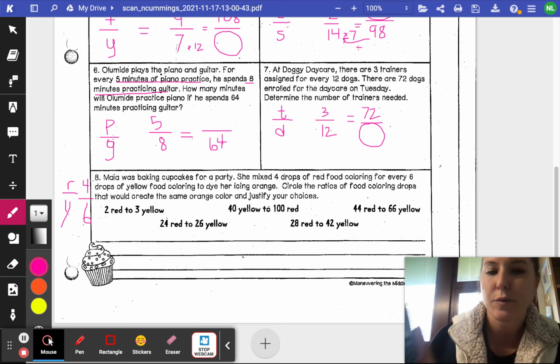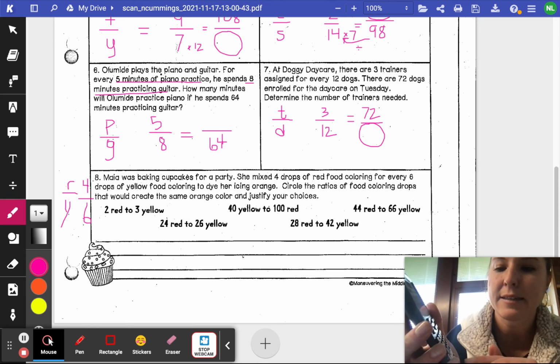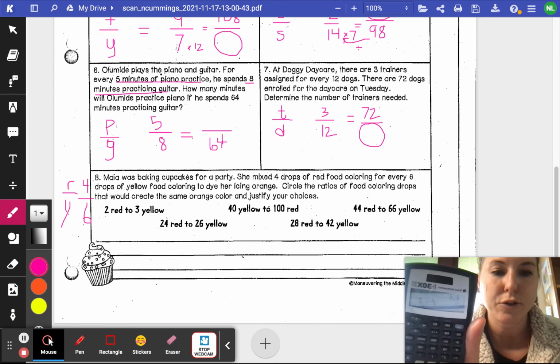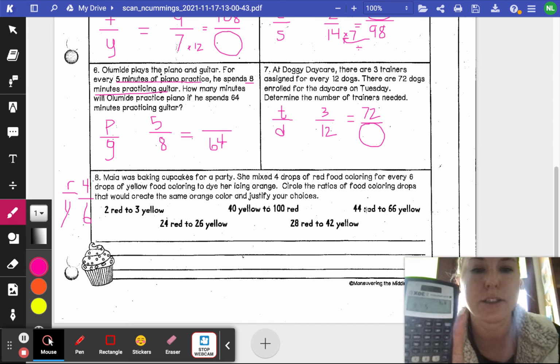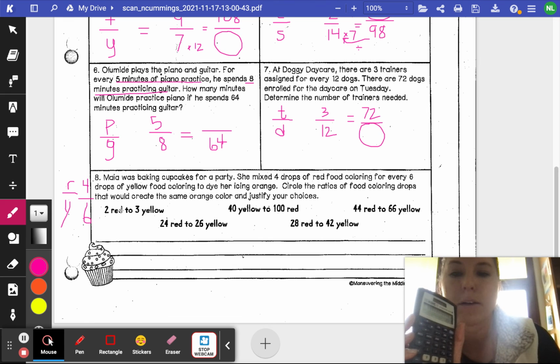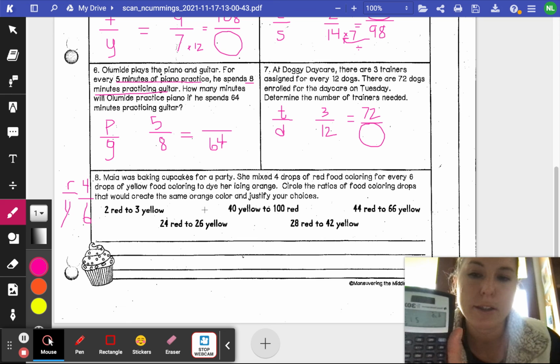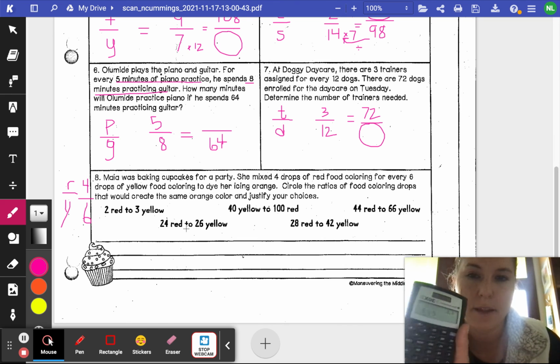For example, 4 ABC 6 simplifies to 2/3. So you need to circle all the ones that simplify to 2/3, and your answer, you can write the ones I circled all simplify to 2/3, just like 4/6, something like that.